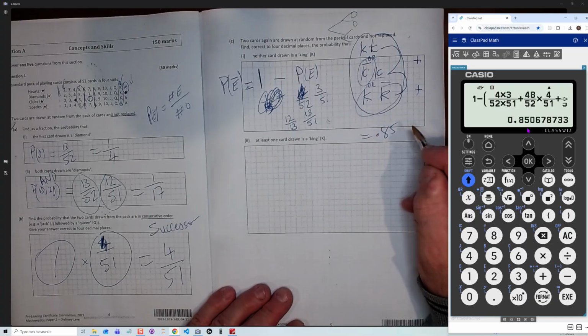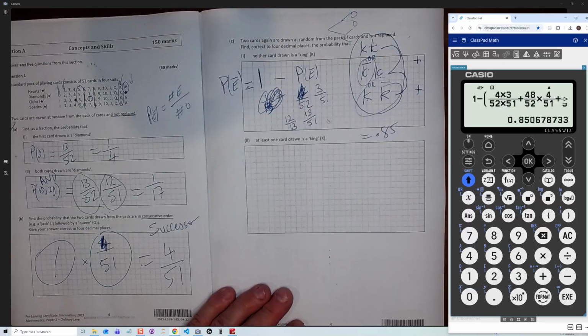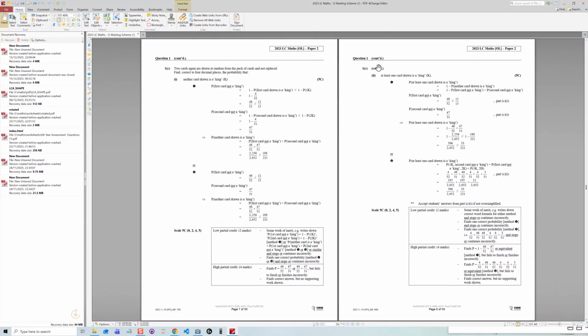Equals, actually, I'll just check this, the marking scheme. I have it open here. Full disclosure, I'm looking at the marking scheme on the right hand side, and bring it over here. They do not say they want it corrected to 4 decimal places.